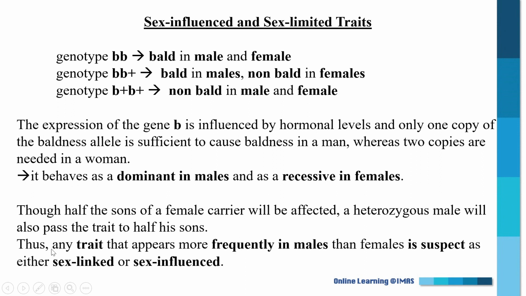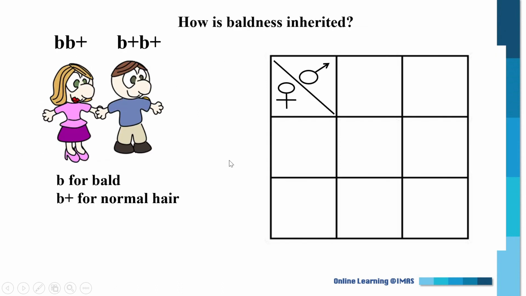Thus any trait that happens more frequently in males than females is suspected as either X-linked, sex-linked or sex-influenced. You have an example here of how baldness is inherited.